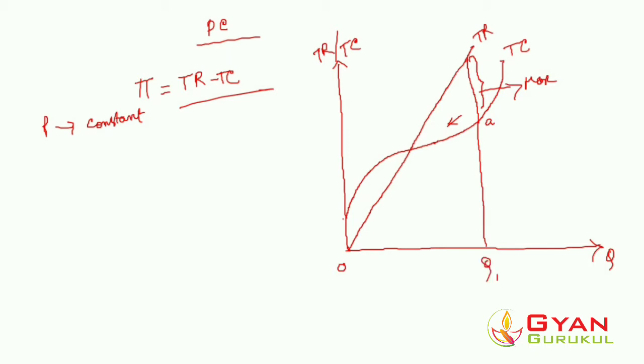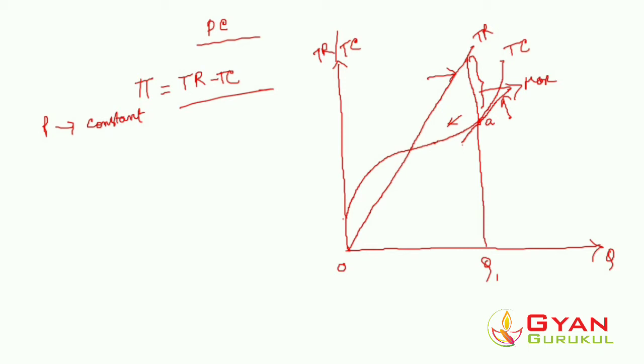Now in order to achieve this point of profit maximizing output, we have to fulfill two conditions, and these could be seen in this diagram. At this point, if we draw the slope of the total cost, this slope is parallel to the total revenue curve.